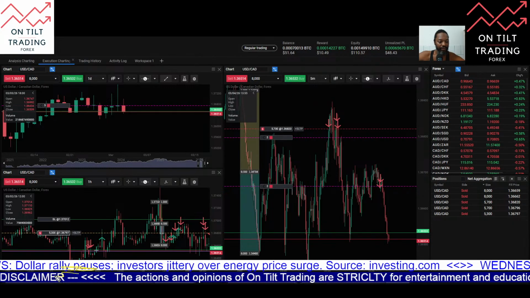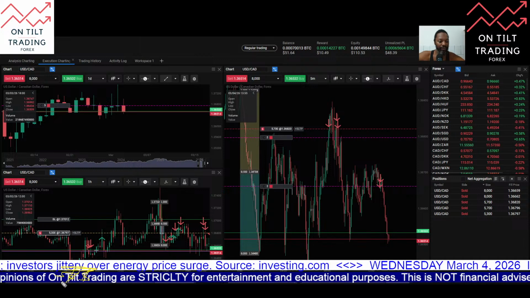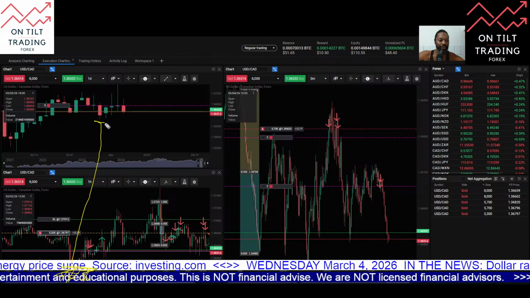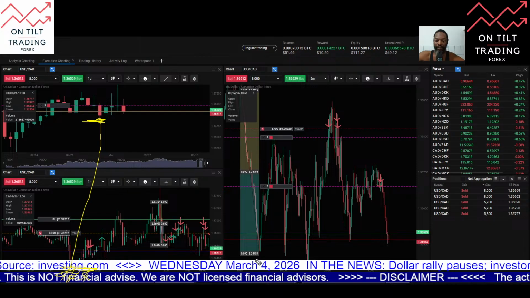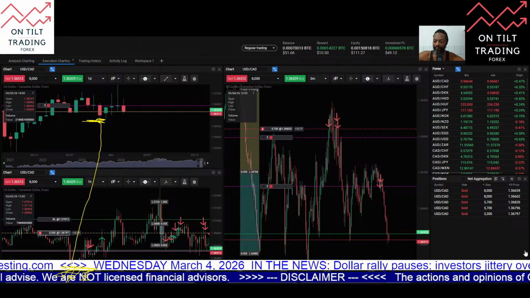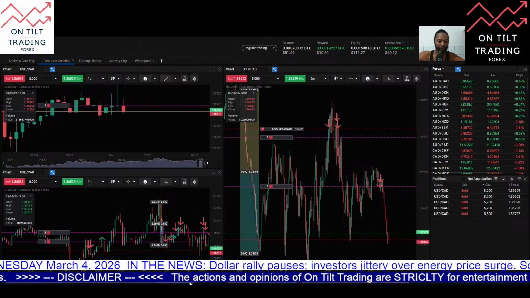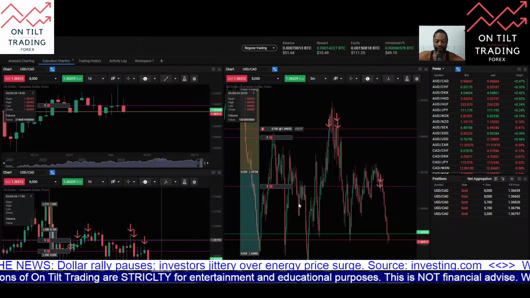There's going to be a liquidity pool right here that I want to target with the price delivery algorithm. And this area here is equivalent to this area here on the daily chart. So right now price is approaching first target here.